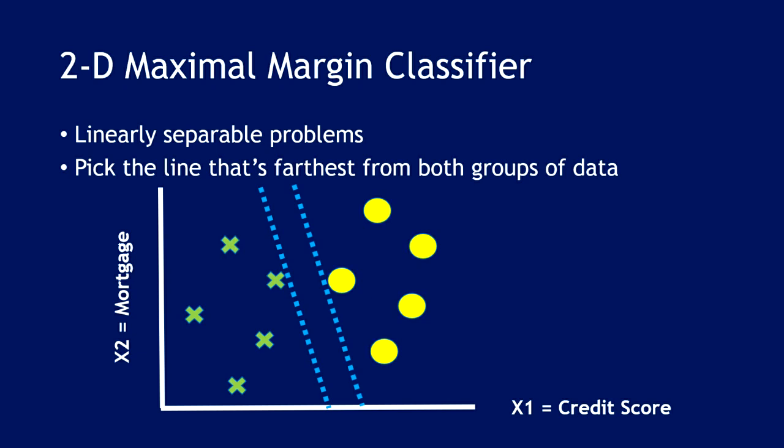We can see there is a cross and a dot that are on the border, and we can use those points to draw the margin lines. And then we find the line that's in between this maximal margin, right in the middle. That becomes our maximal margin classifier.